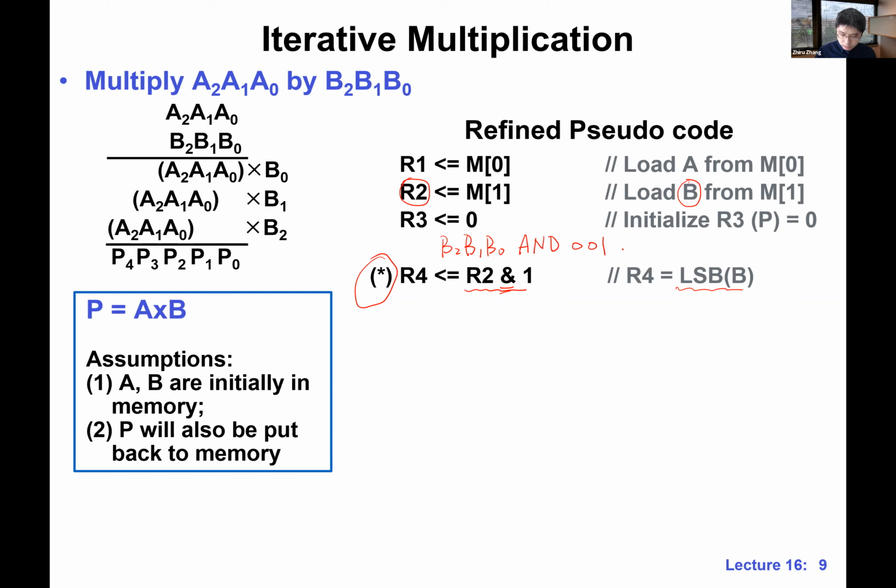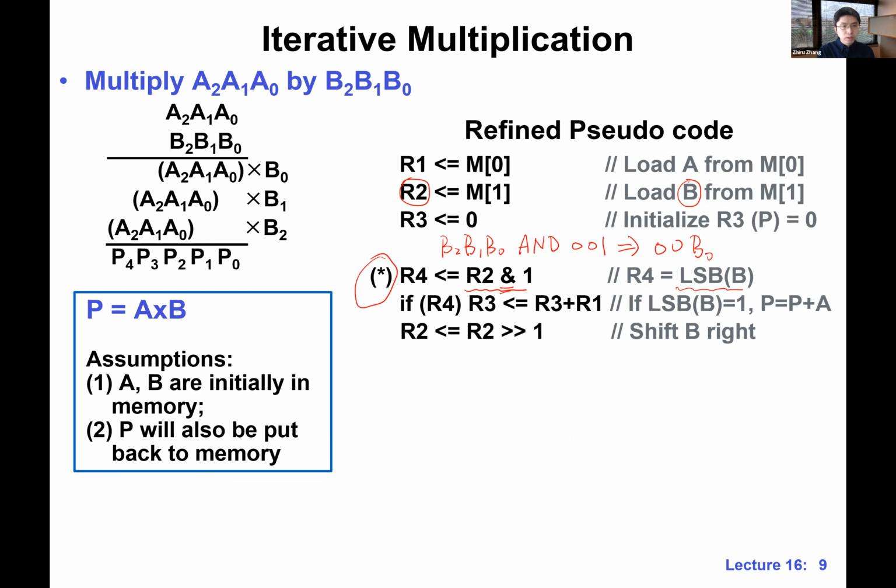If I do bitwise AND for each bit position, I get 0, 0, B0. Make sense? I'm doing B0 and 1. 1 is the identity element for the AND operation. So that's where I get B0. That's how I can extract the LSB. Is it clear?